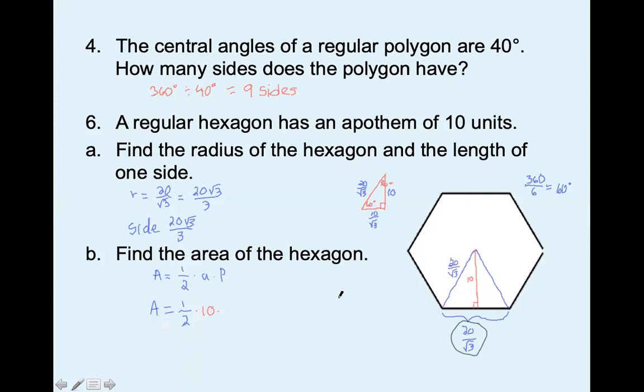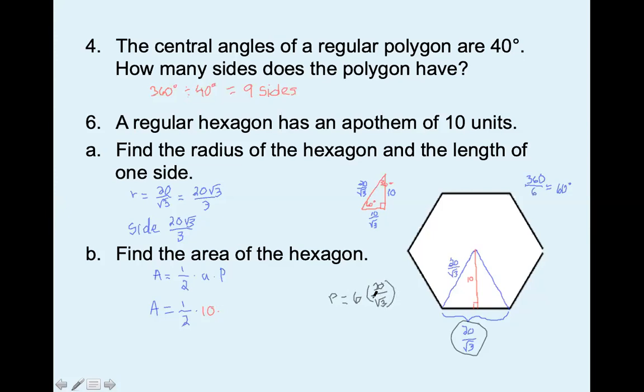There are 6 sides, so I can write that my perimeter is going to be equal to 6 times 20 divided by the square root of 3, right? Because there's 6 sides in a hexagon.